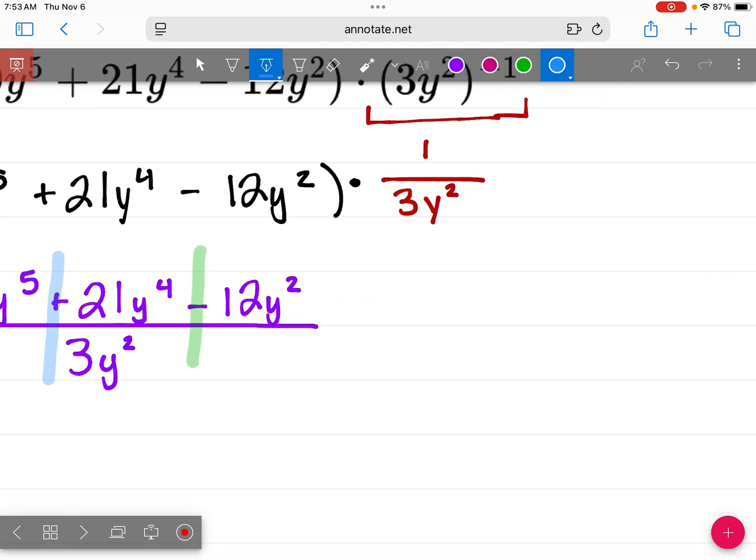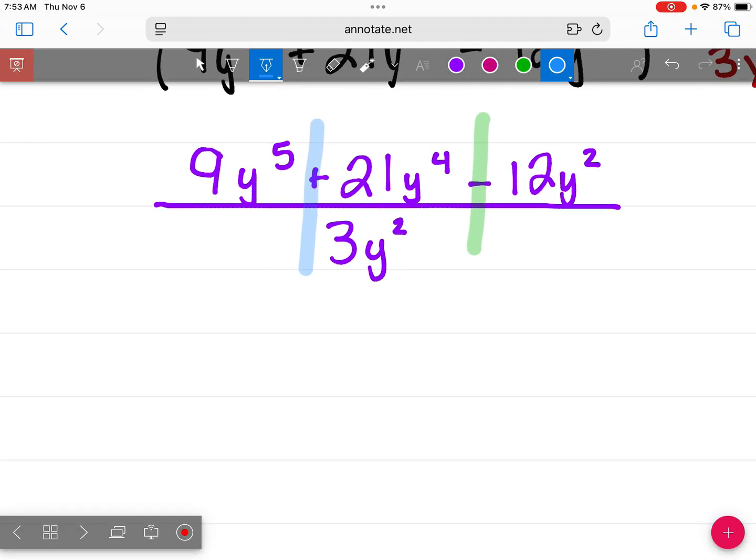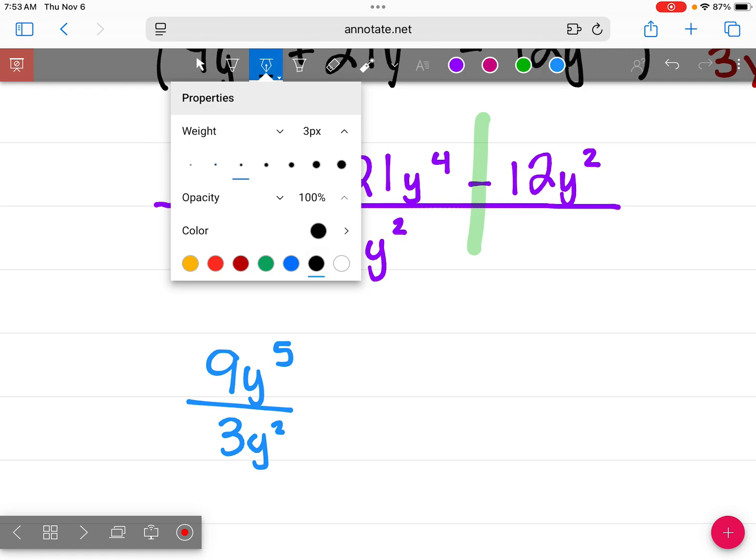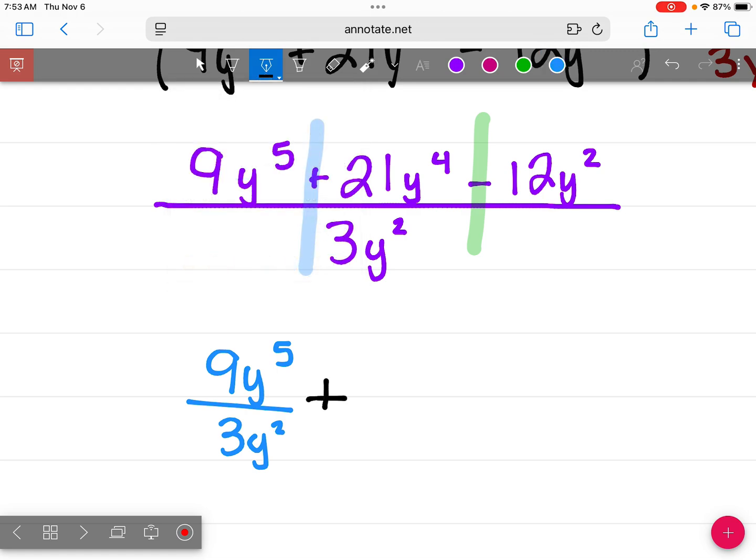So splitting these apart into their separate fractions. We're going to have our 9y to the 5th over 3y squared. Then we're going to have that plus 21y to the 4th over our 3y squared.